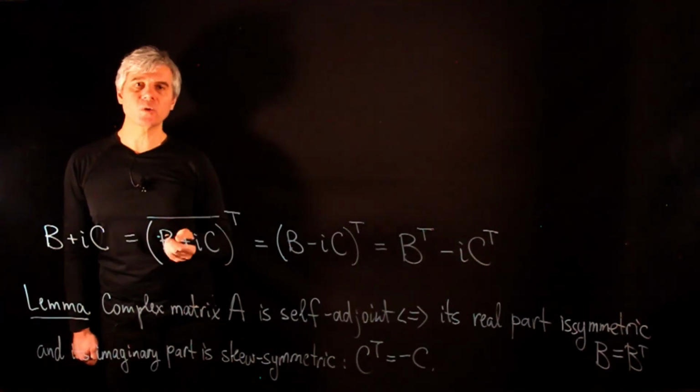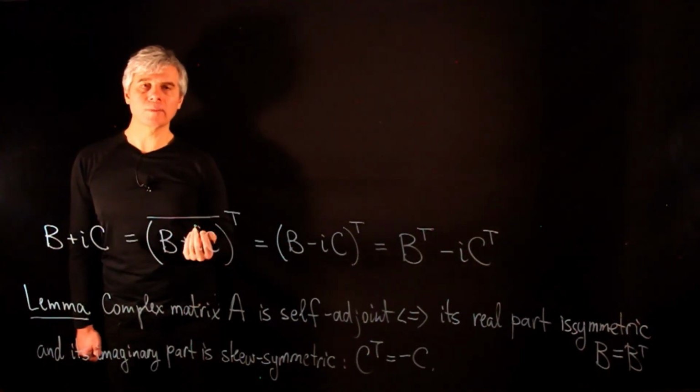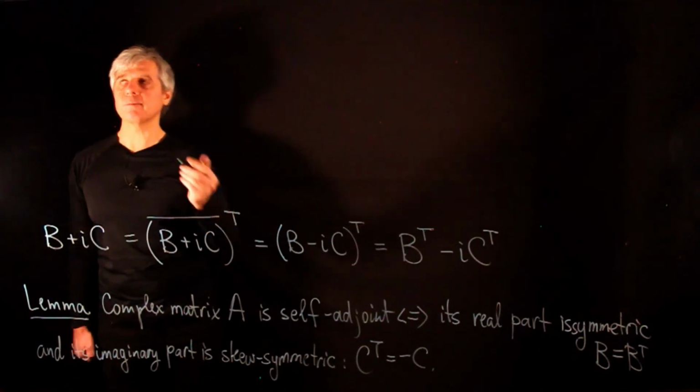Next, let us show that a Hermitian form is completely described by its matrix.